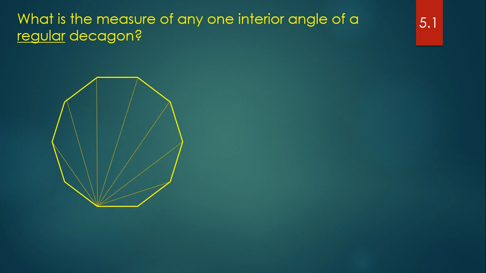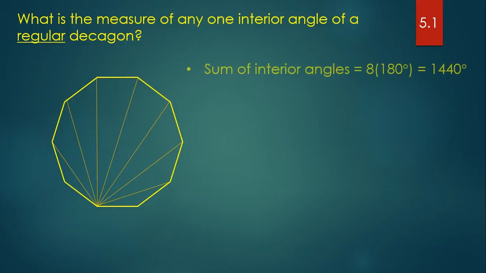Remember, if we wanted to find the sum of all those interior angles, we could think of dividing that decagon into 8 interior triangles. Each would have a total angle measure of 180 degrees. So the sum of all the interior angles of this decagon is 1,440 degrees. Now that's not exactly what we're looking for, but it's close.